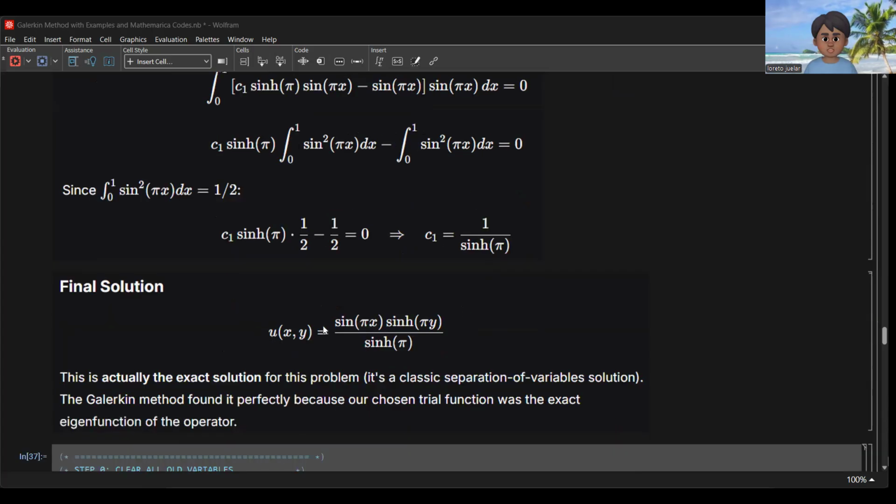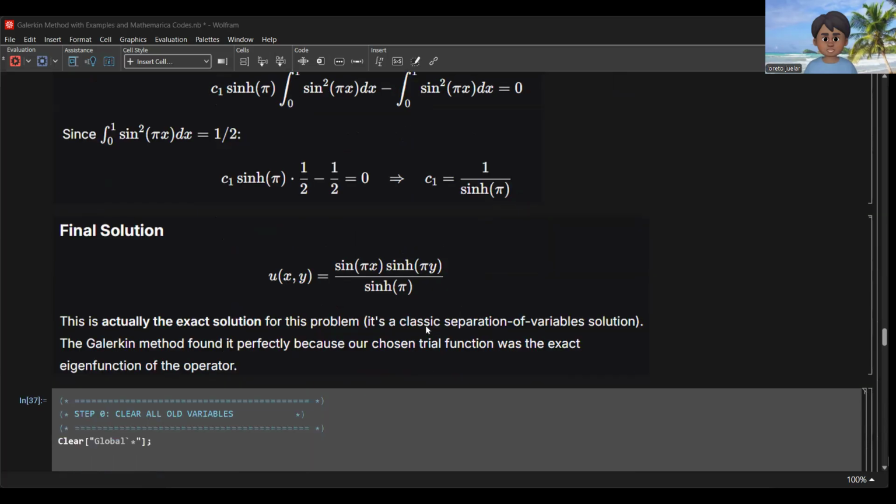So we have the final solution here: sine pi x, hyperbolic sine pi y, over hyperbolic sine pi. So this is actually the exact solution for this problem. It's a classic separation of variables solution. The Galerkin method is perfect because our chosen trial function was the exact eigenfunction of the operator.